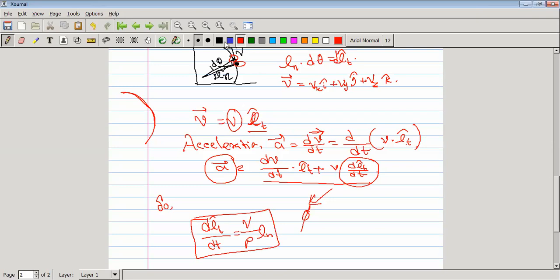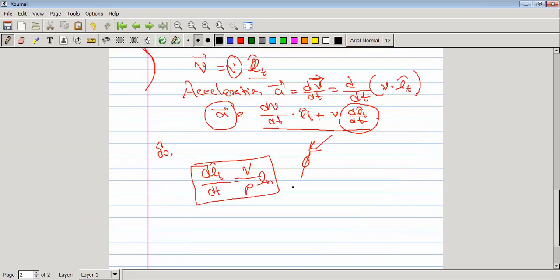How will it come? Now we will discuss that, how it will come. See, det by dt is equal to det, the change in the direction of theta, right? So it is det by d theta into d theta by ds, with respect to its displacement, and ds by dt.